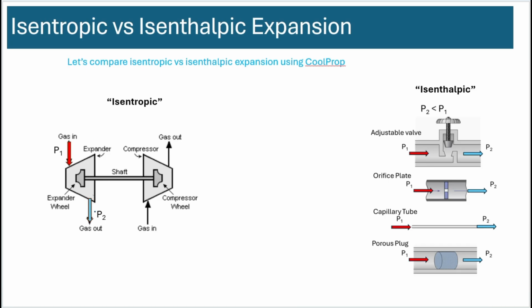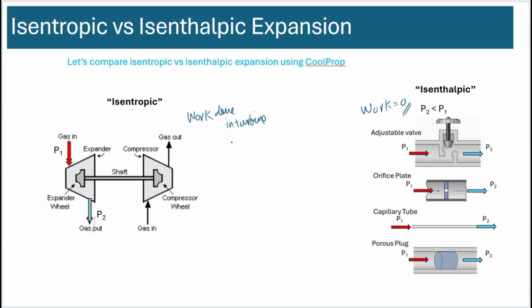Anyways, this is an example of an isentropic expansion through a turbine, and isenthalpic ones are basically places where you expand through a constricted area. Here there's work done in the turbine, and here the work done is zero.